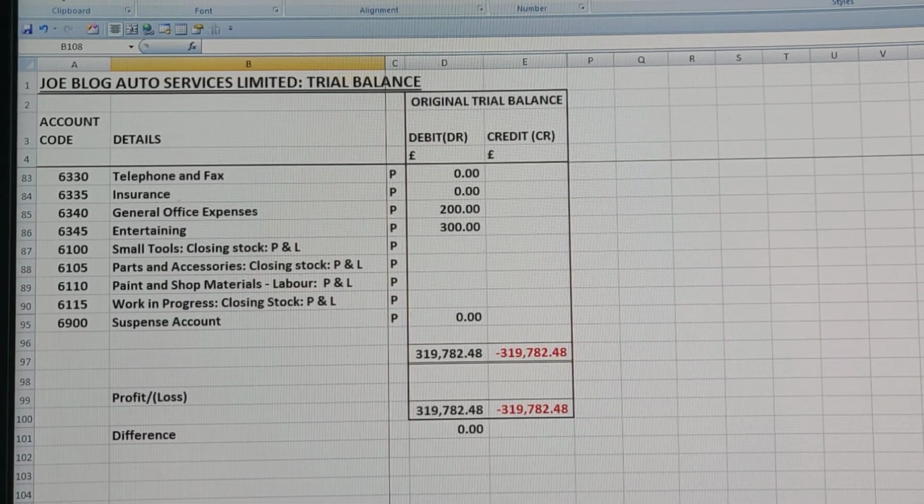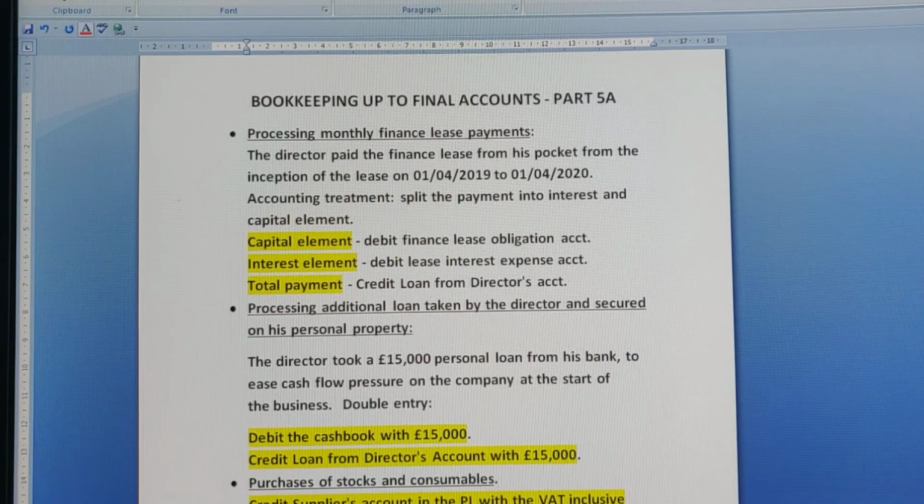So, like I said before, when you receive an invoice from a vatable supplier, and you are also VAT registered and can reclaim your VAT, what you do with the invoice is credit the supplier's account in the purchase ledger with the total amount, because you have to pay everything to the supplier, including the VAT. You debit the expense account in the nominal ledger with the net amount, in this case the small tools expense account.